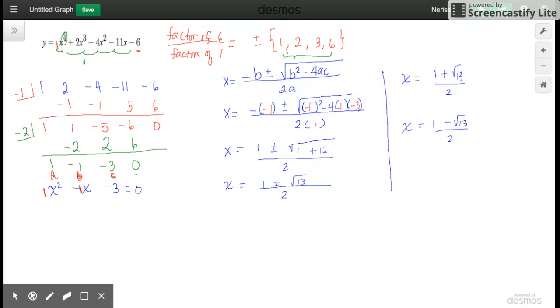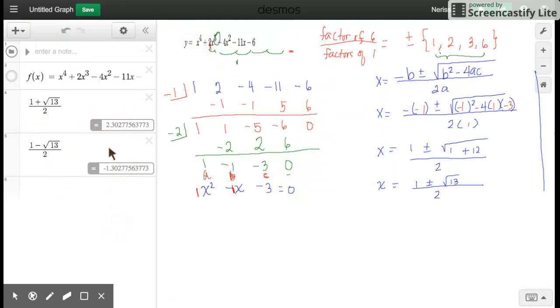One of them is positive, this is positive, and this is negative. So let's find out what is the value of each of these. I'm going to click here. And we have here the values: 1 plus square root of 13 over 2 is about 2.3, and 1 minus square root of 13 over 2 is negative 1.3.